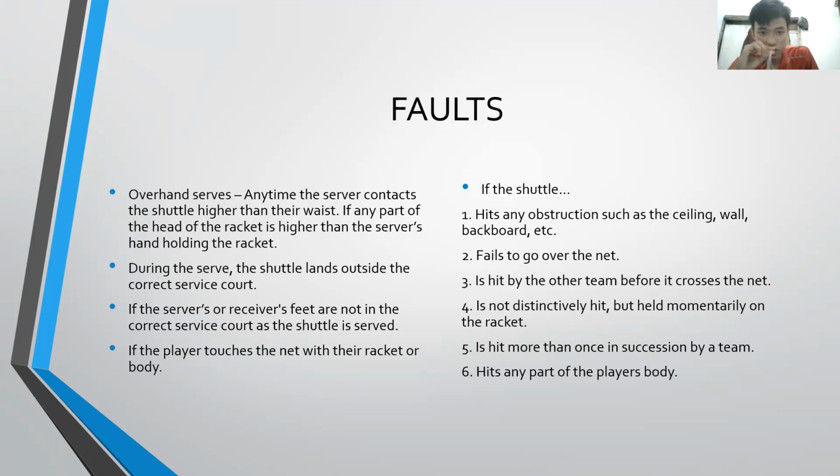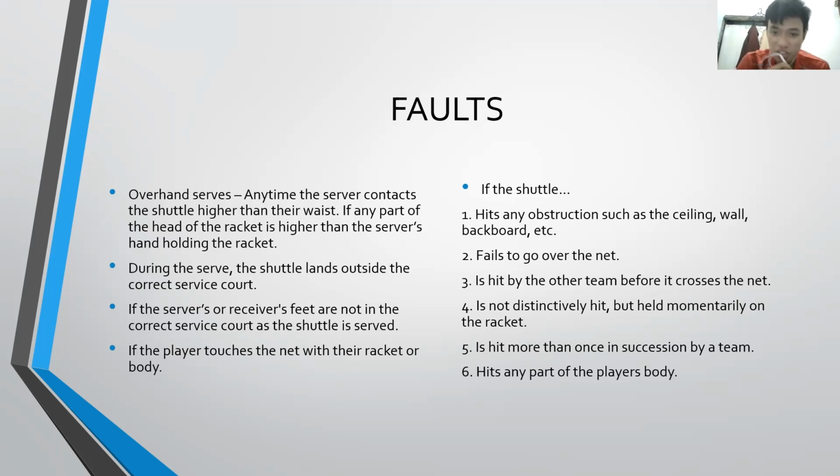During the serve, the shuttle lands outside the correct service court. If the server's or receiver's feet are not in the correct service court as the shuttle is served, it's fault. If the player touches the net with their racket or the body, that's obviously fault.